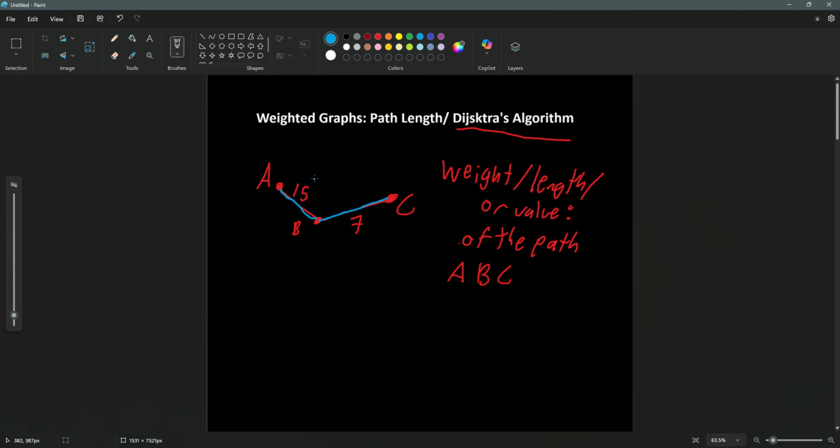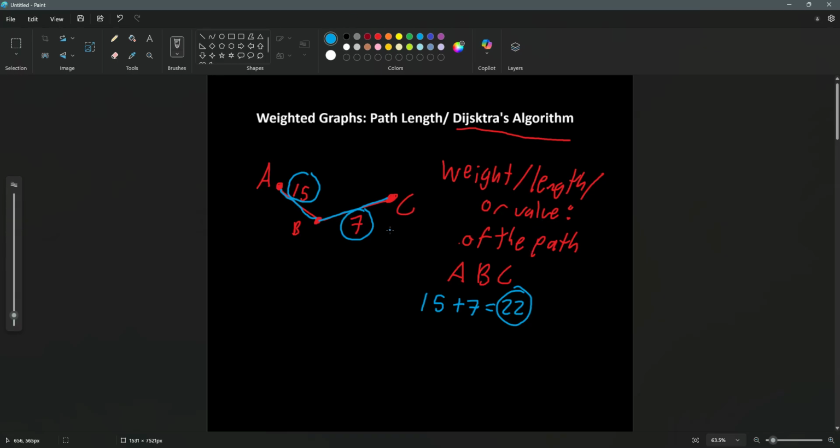To do that, it's nice and simple, at least this part. We're just going to add all the edges that we crossed over, all the numbers attached to them. So it's going to be 15 plus 7 for 22. That's the weight, or the length, of this path.